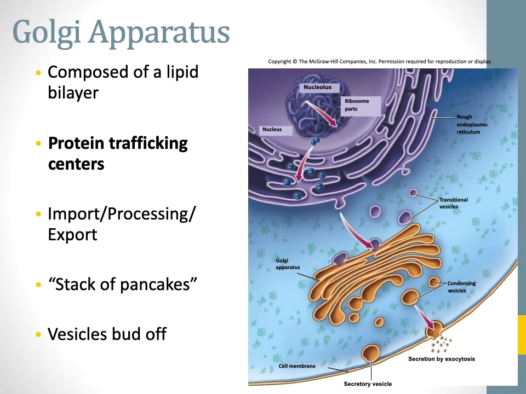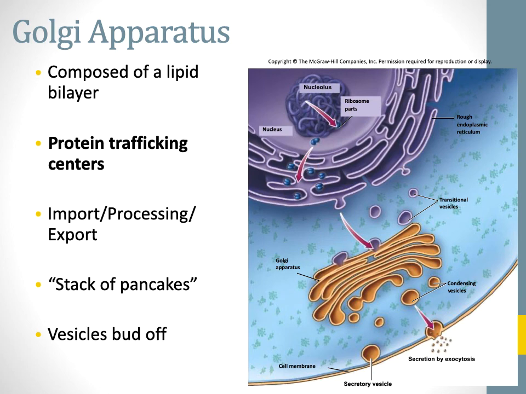Another structure would be the Golgi apparatus, and so the Golgi apparatus is important in protein trafficking. So import, processing, and then exporting, and so it looks very much like a stack of pancakes underneath the microscope. And then we have vesicles moving from the ER that are going to bind to the Golgi apparatus, and they use SNARE proteins in order to do that.